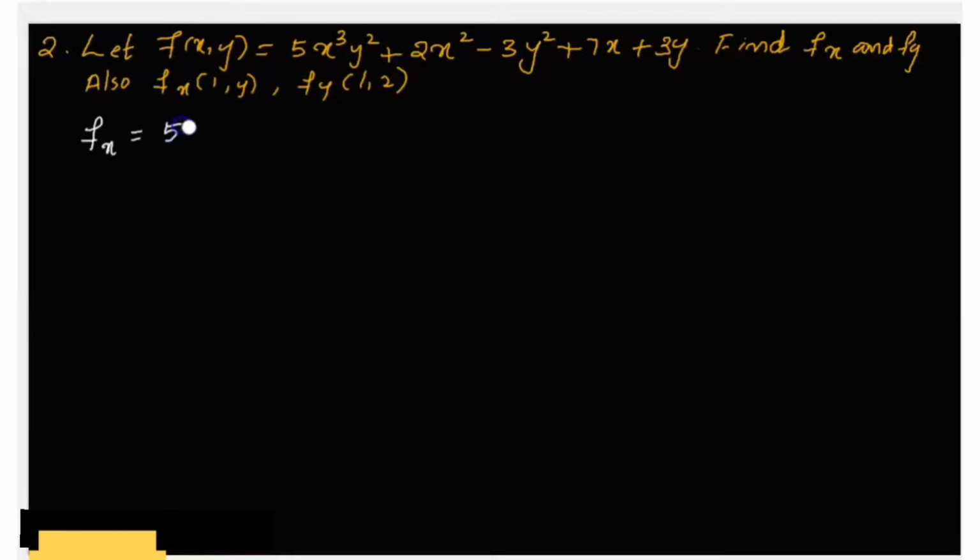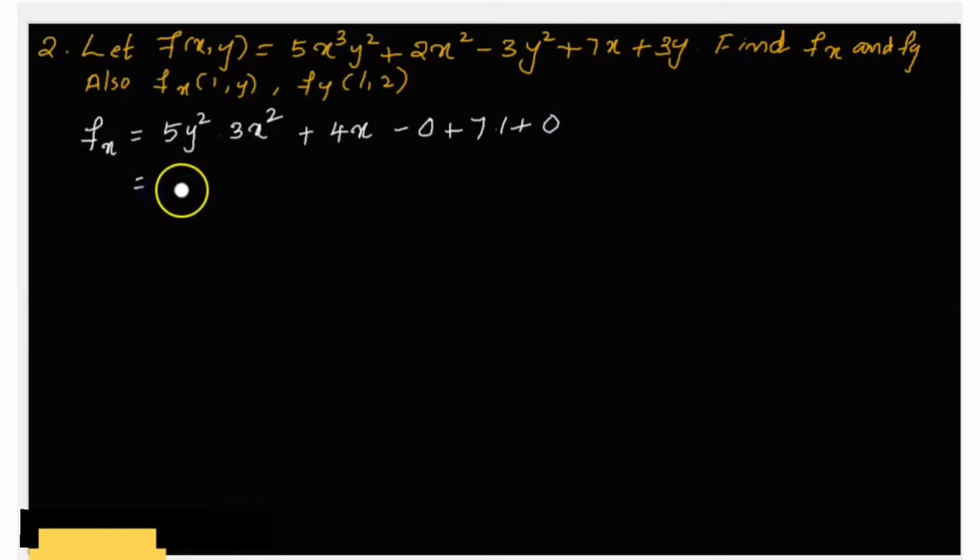So in the first term, 5y² is constant into the derivative of x³, that is 3x², plus the second term contains only x, therefore the derivative is 4x, minus this term contains no x, therefore it is a constant, so the derivative is 0, plus 7 into the derivative of x, that is 1, plus the last term is independent of x, so the derivative is 0.